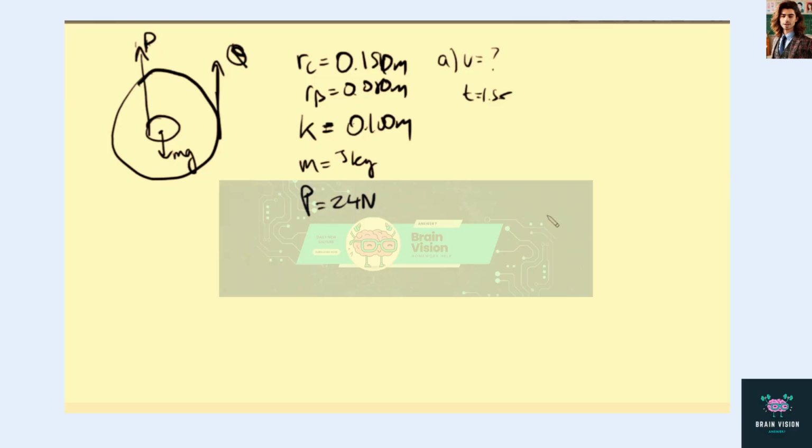First thing we need to do is use our impulse momentum theorem, or IMT, and that states that our change in angular momentum is going to be equal to the impulse.